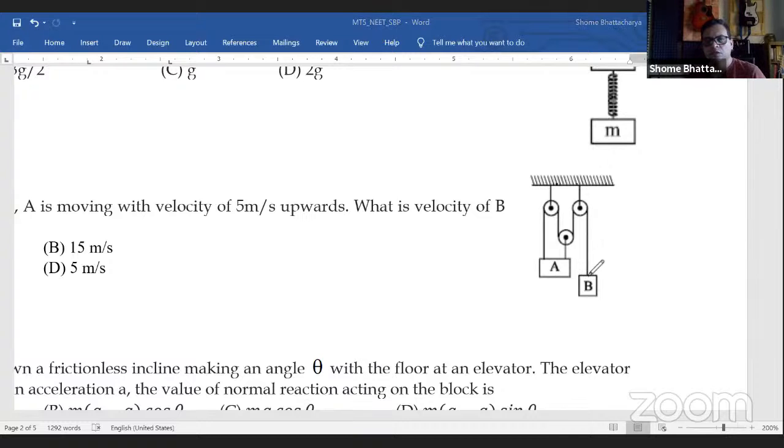So first of all, you can see that if the tension in this string is T, then the tension in this string will have to be 2T.